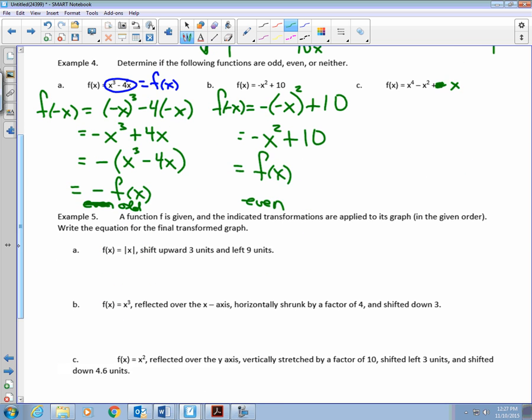Okay, and then the last one. What are the exponents? 4, 2, and 1. So do you think it'll be even, odd, or neither? Yep, it'll be neither because you do have an odd exponent paired with an even exponent. But let's show that. So f of negative x is equal to negative x quantity to the fourth minus negative x squared plus negative x.